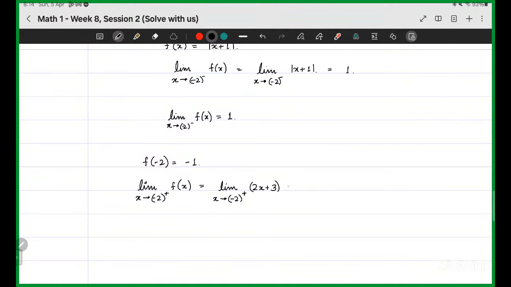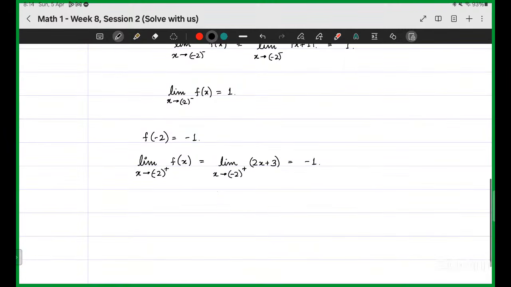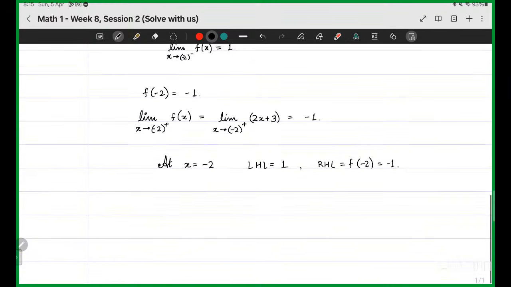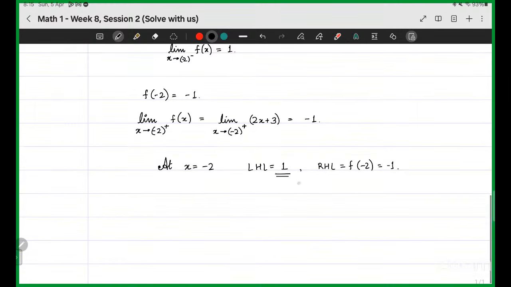Here again, if you substitute, you will just get -1. Since it's a polynomial function, the one-sided limit will be equal to the function value, whichever side is included. In this case, it is the right side which is included. So here at x equal to -2, LHL is 1 and RHL is equal to f of -2, which is -1. So clearly LHL is not equal to RHL, or LHL is not equal to the function value, therefore f is discontinuous.